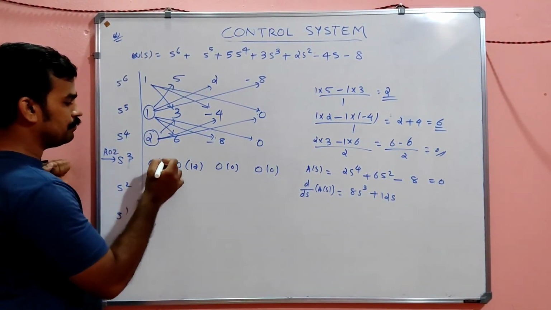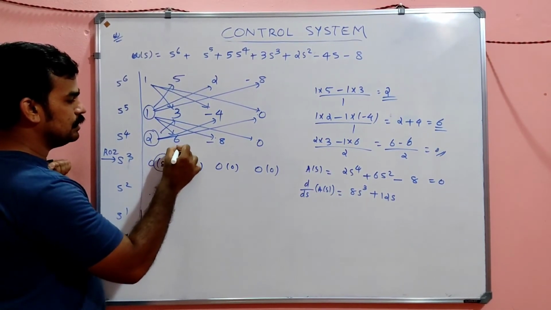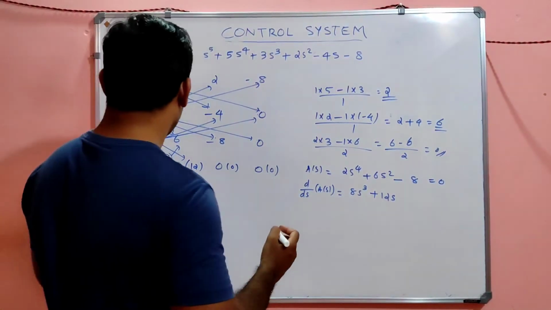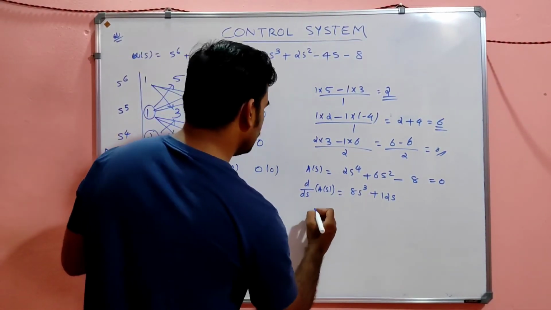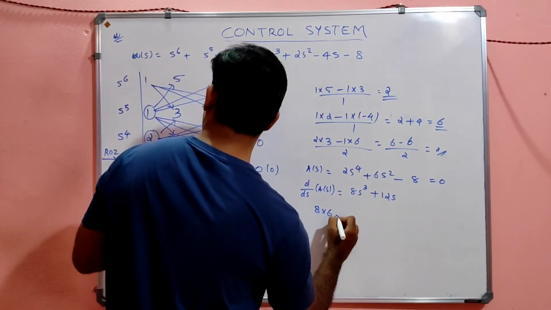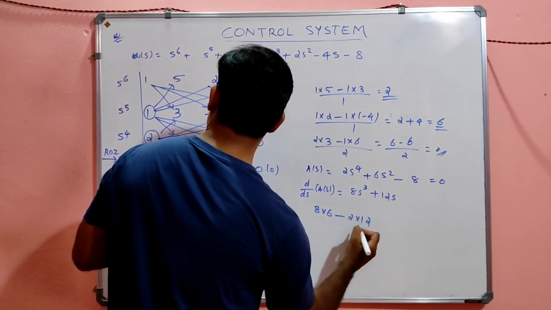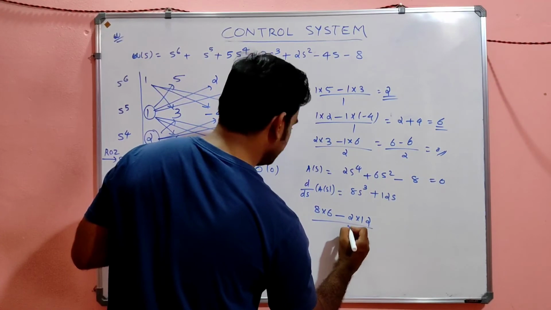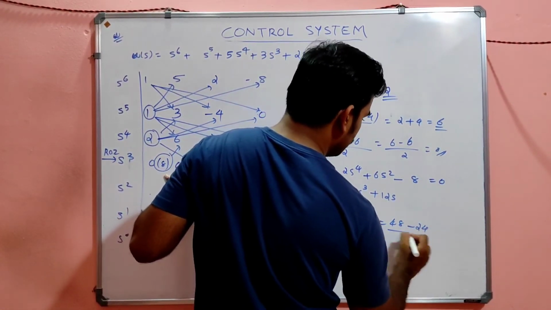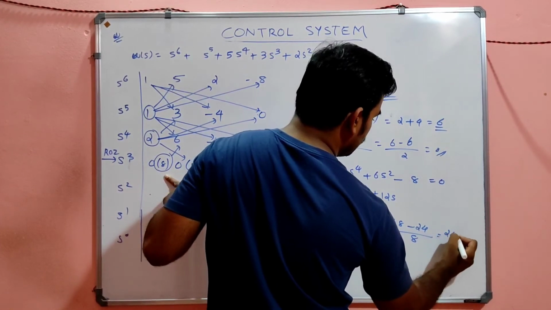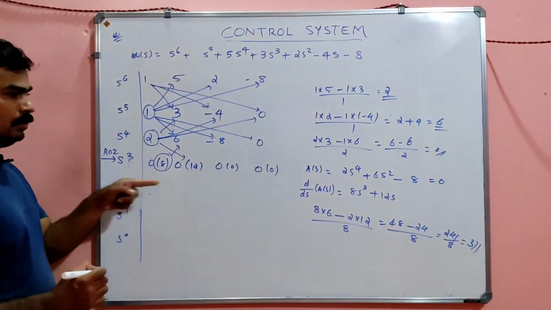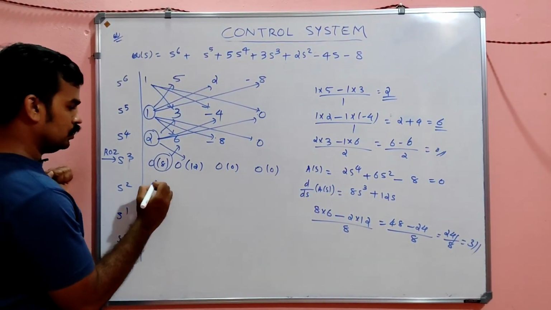So for this element, focus on this 8, this into this minus this into this by this. Which means what, my dear? 8 into 6 minus 2 into 12, correct? Divided by 8. So it is 48 minus 24 by 8. So 24 by 8 is nothing but 3. Correct, my dears? So 3.